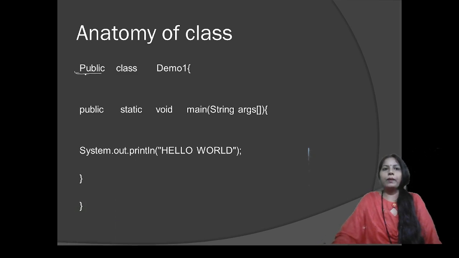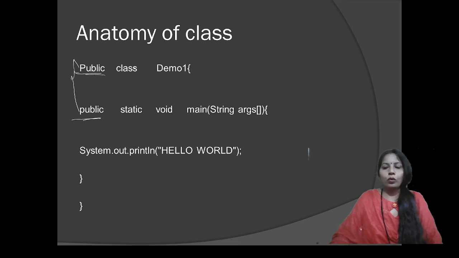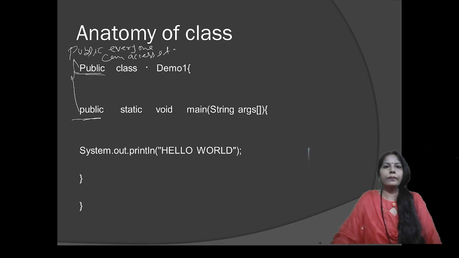Here we use public. I think you are all familiar with this word, public. Public, what does that mean? We can all access it publicly. Public means everyone can access it. Simple.